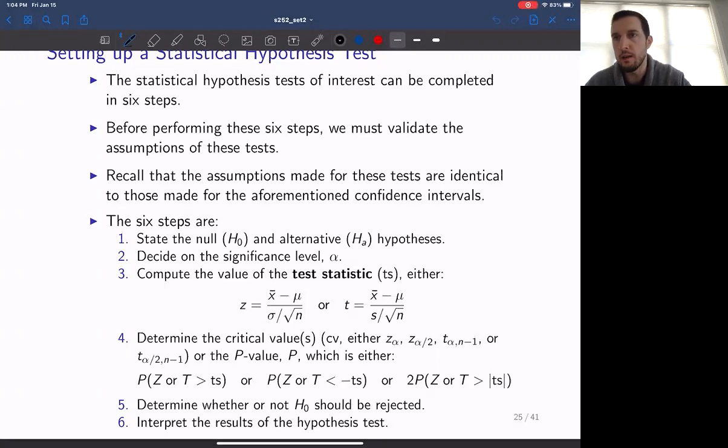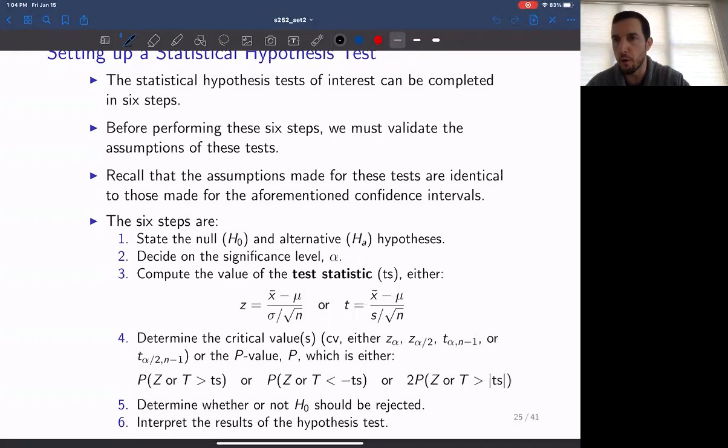On step 3, we compute the test statistic. Just like with a confidence interval, if we have sigma, then we use a z-score, or the standard normal table. If we do not have sigma and we're using the sample standard deviation, then we would use a t-value. On step 4, we would calculate either the critical value or the p-value for the test.